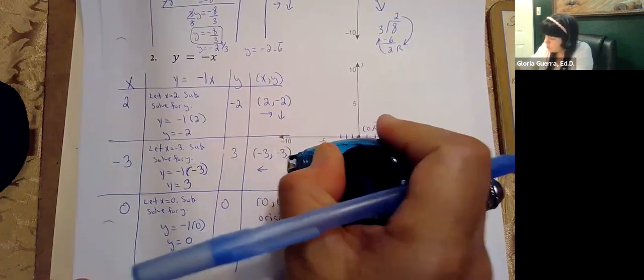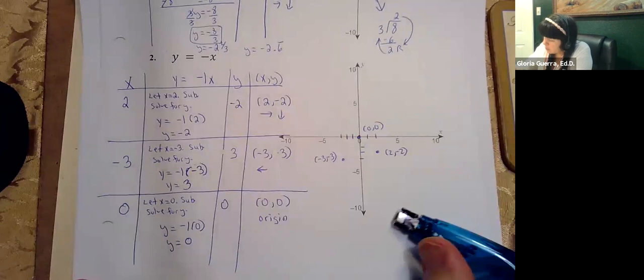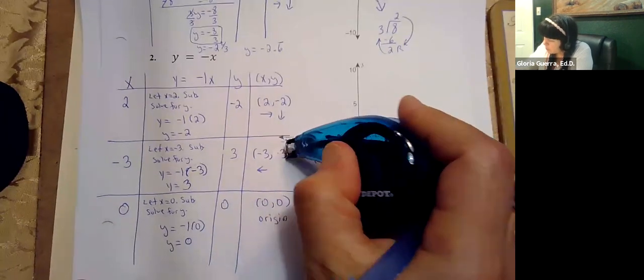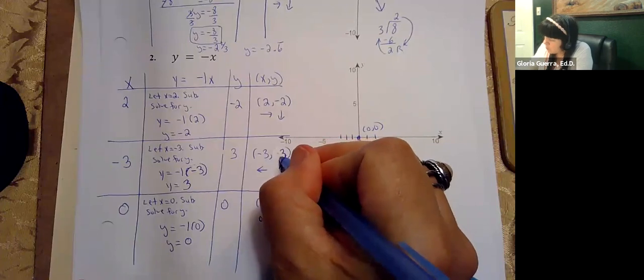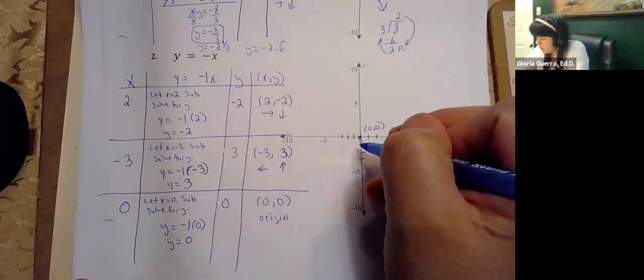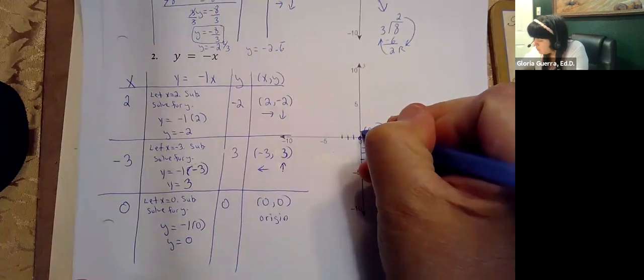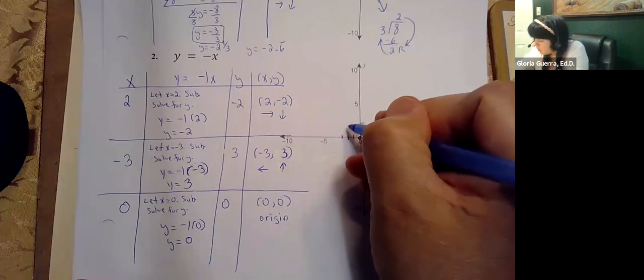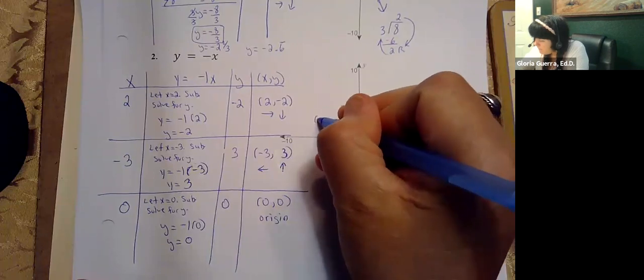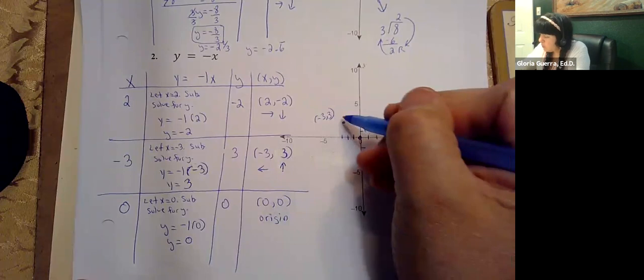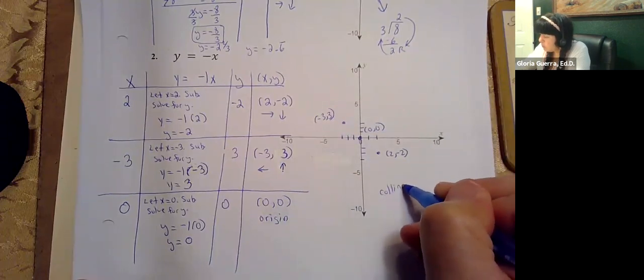So this should have gone right and then up. Erase that. So you see, you can catch your mistake if you don't find a straight line. It looks like a triangle, so something was wrong, and you have to go back and look for your mistake. So this should have been -3, +3. That's better.